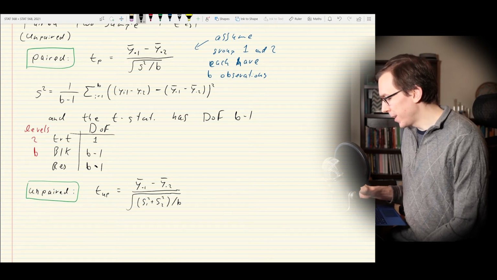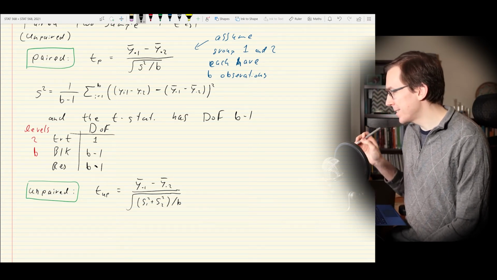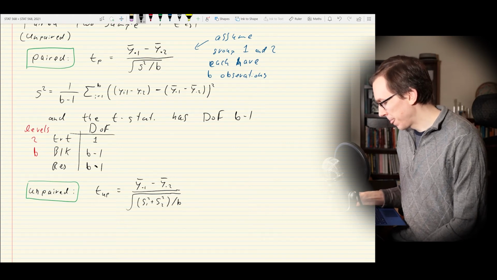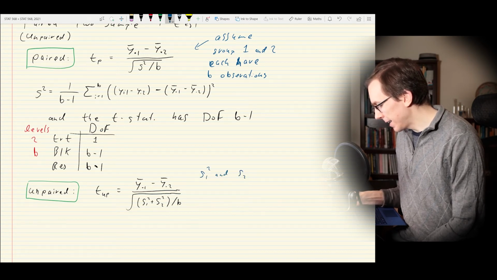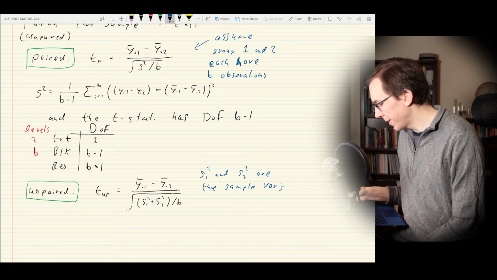Here s1 squared and s2 squared are the sample variances for groups 1 and 2.